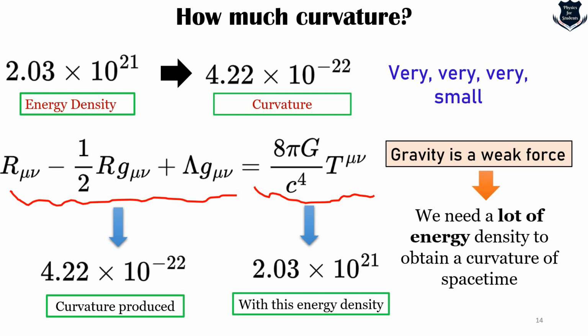Gravity being the weakest force means it requires a lot of energy density to curve space-time. So to get stronger curvature, we need to go to regimes far away from the surface of Earth.